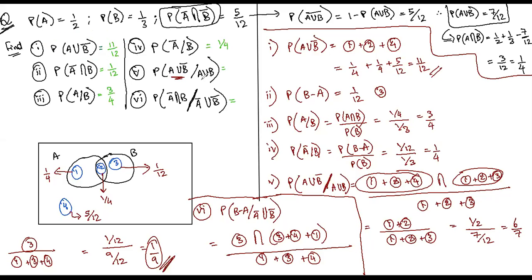Otherwise, directly finding the intersection of A union B bar with the other set is a little difficult and there is a chance of confusion. Then you would have to use the Venn diagram anyway. So you can try it the other way also. This is not the only way of doing this question. I found this to be a good approach. Okay, unfortunately we ran out of time.